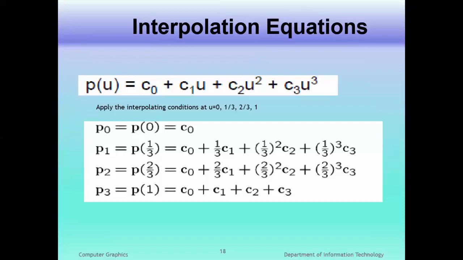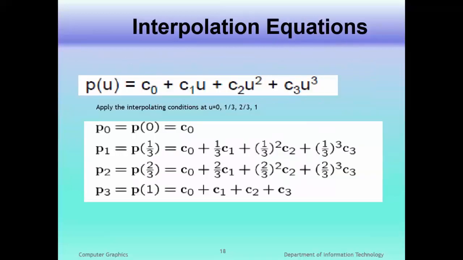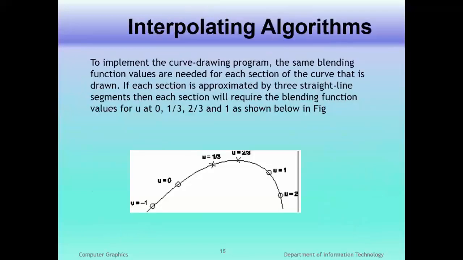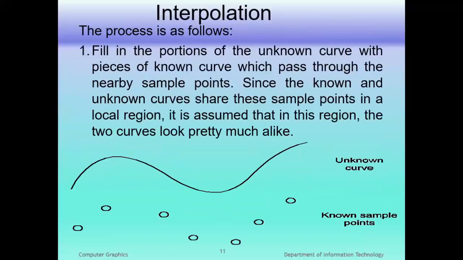P3 is equal to P of 1, which is C0 plus C1 plus C2 plus C3. So by these equations, we can calculate the rest of the points which are lying on the curve. This is an example of an interpolating algorithm using the interpolation technique.